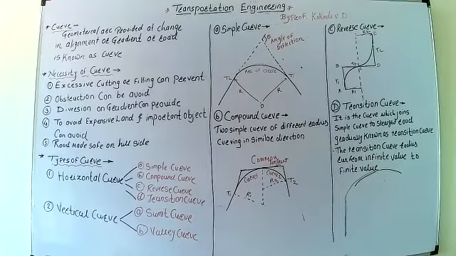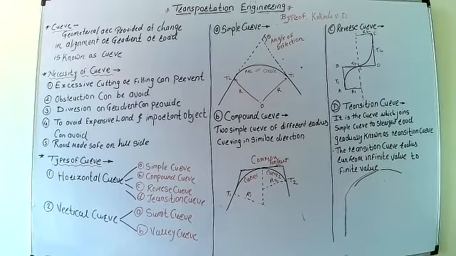So that's why we provide a transition curve, so that slowly the vehicle could get onto the particular curve. The transition curve radius runs from an infinite value at the start of the straight line to a finite value where we connect to the simple curve.